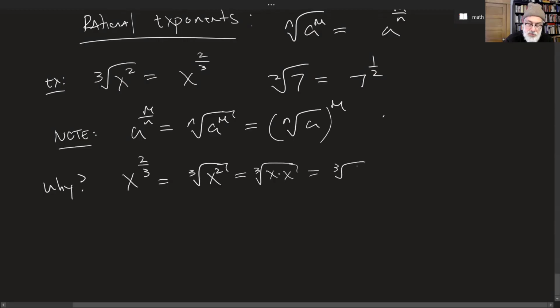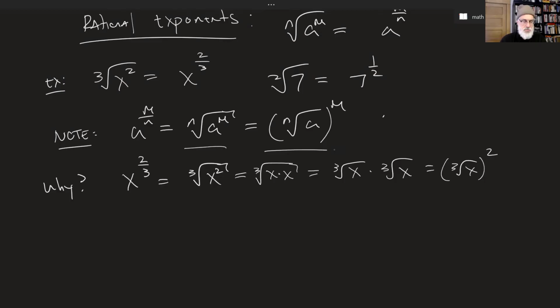The product rule says I can separate these. And then literally, this is the cube root of x times the cube root of x, which is the same as saying cube root of x squared. So these two things are exactly the same. It might not seem that way, but this is why.